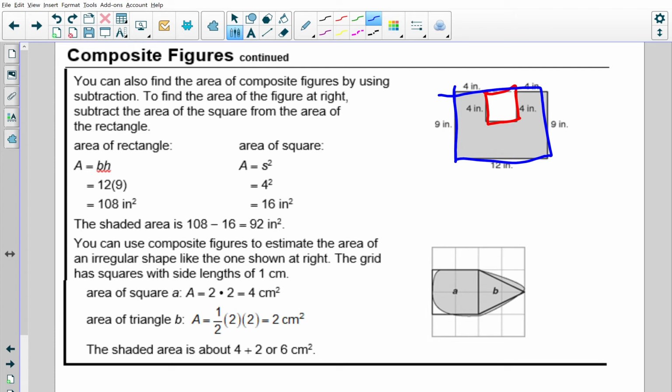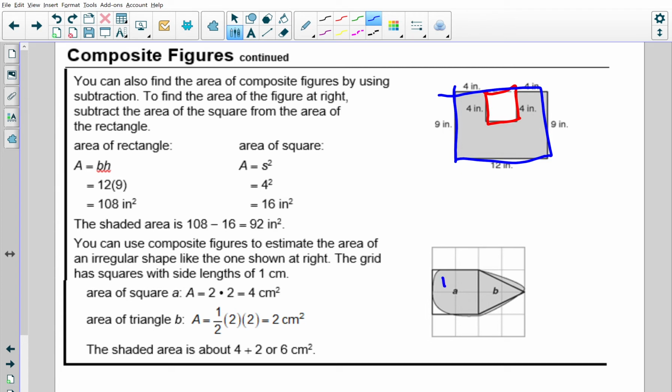The second example talks about using composite figures to estimate area of irregular shapes, irregular meaning non-traditional straight line, rigid angles, stuff like that, curve shapes. You see over here, this is very, very rudimentary estimation.